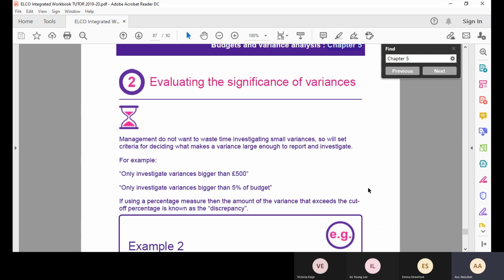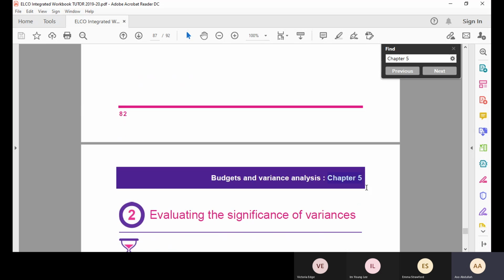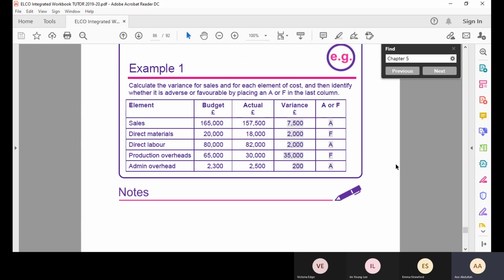It says management do not want to waste time investigating small variances. So here, what is the smallest amount? The smallest amount is admin overhead. It is only £200, so it isn't worth investigating.